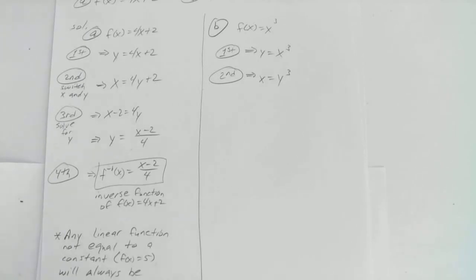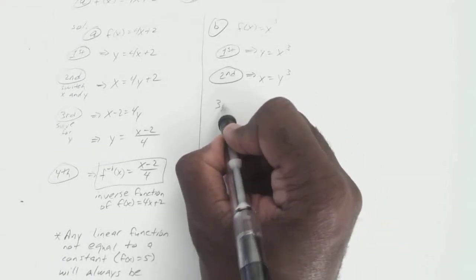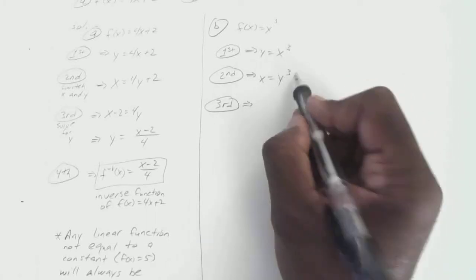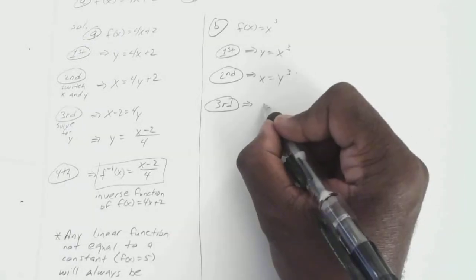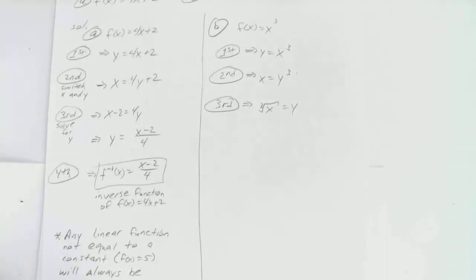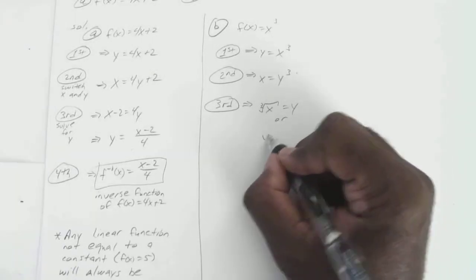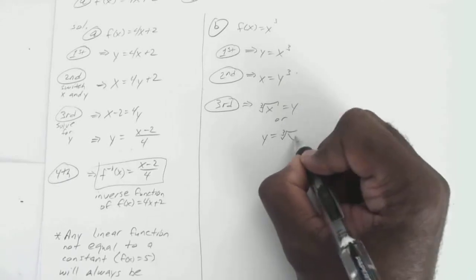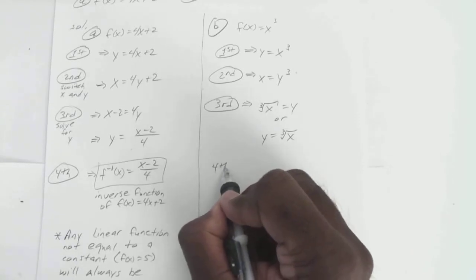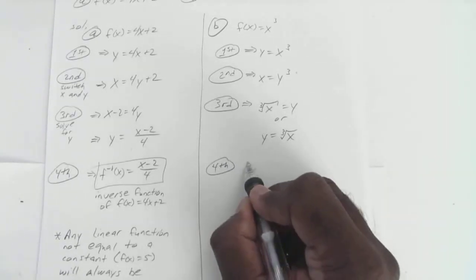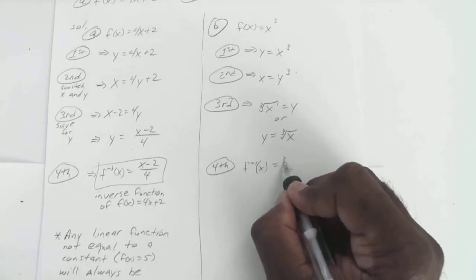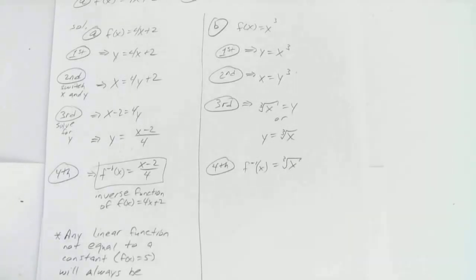Now your third step, you're going to solve for y. If we take the cube root of both sides, the cube root of x equals y. And the fourth step, you're going to replace that with f inverse. So f inverse of x equals the cube root of x.